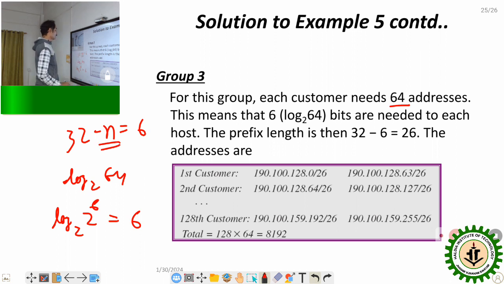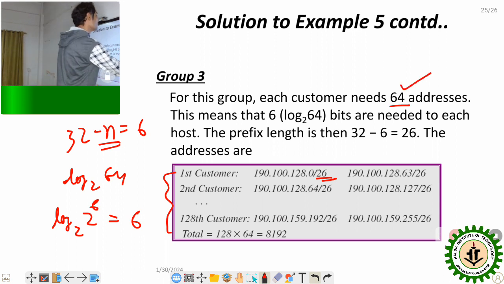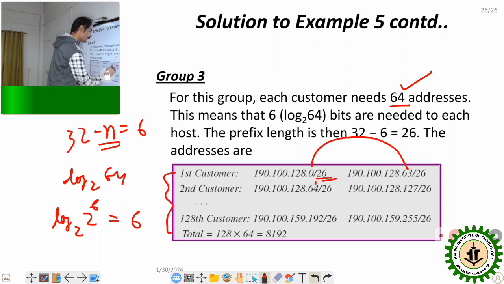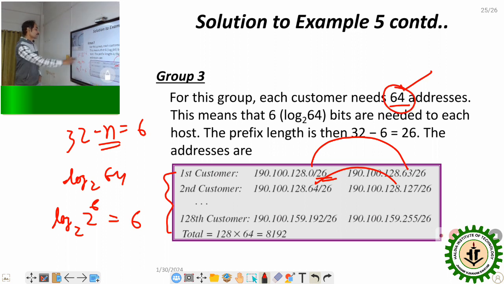So the mask should be 26 bits. That is 26 plus 6, equivalent to 32. And here we have given first to 128th customer, and each of them will have 64 IP addresses. Here you follow 0 to 63 and 64 to 127, and each of them is covering this range of 64 addresses. Whereas the number of customers is 1 to 128.